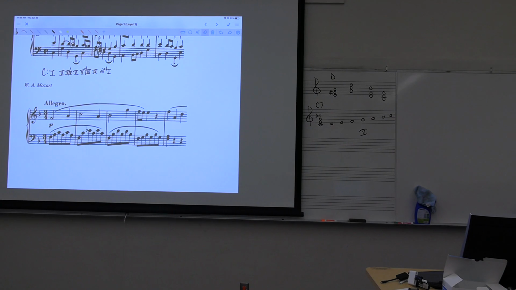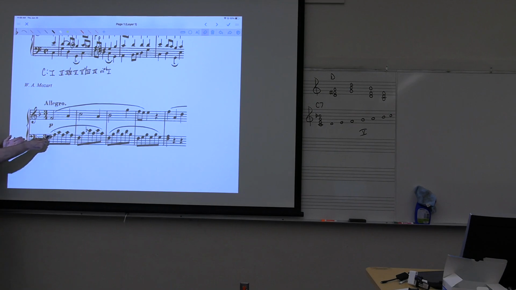So having said all that, what do you see as a key for this example? One flat is F, right? And if we look at this F, A, C, that's an F major triad, so it's either F major or D minor.